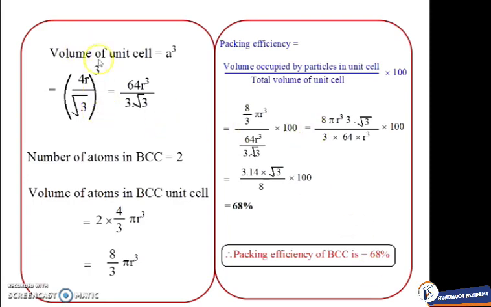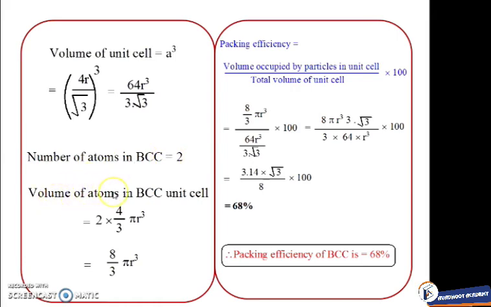Now the volume of the body centered unit cell is equal to a cube, and therefore it is equal to (4r upon root 3) cube, that is equal to 64r cube upon 3 into root 3. Now we know that the number of atoms present in a body centered cubic cell is equal to 2.